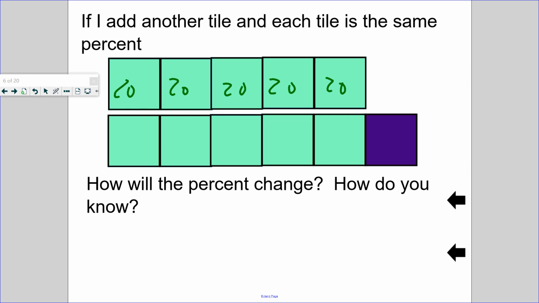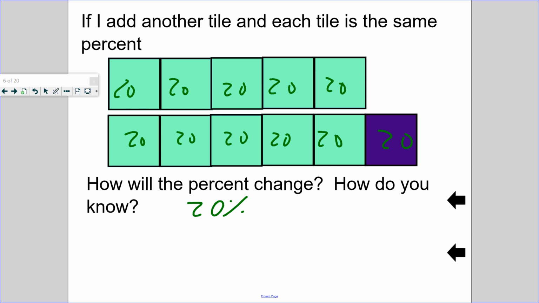So what percent did it increase by? If this is 100%, this must be 120%. So it must have increased from 100% to 120%, an increase of 20%.